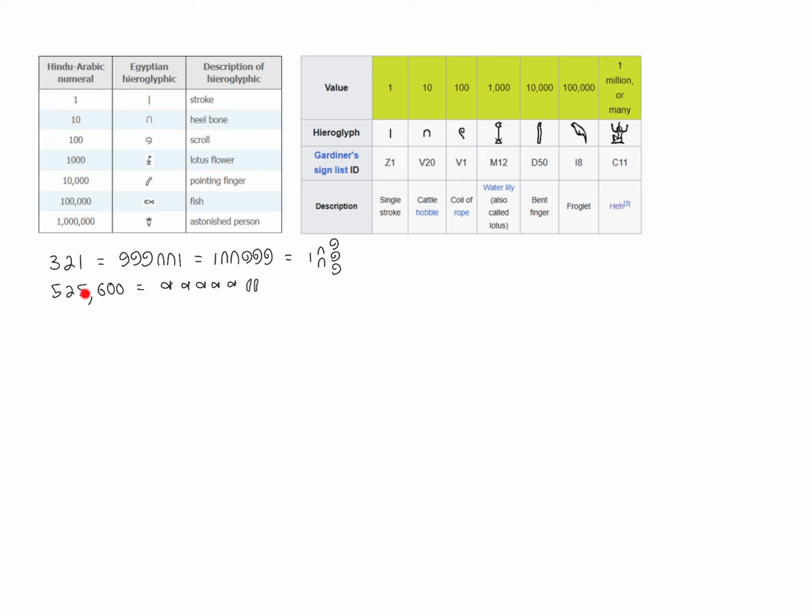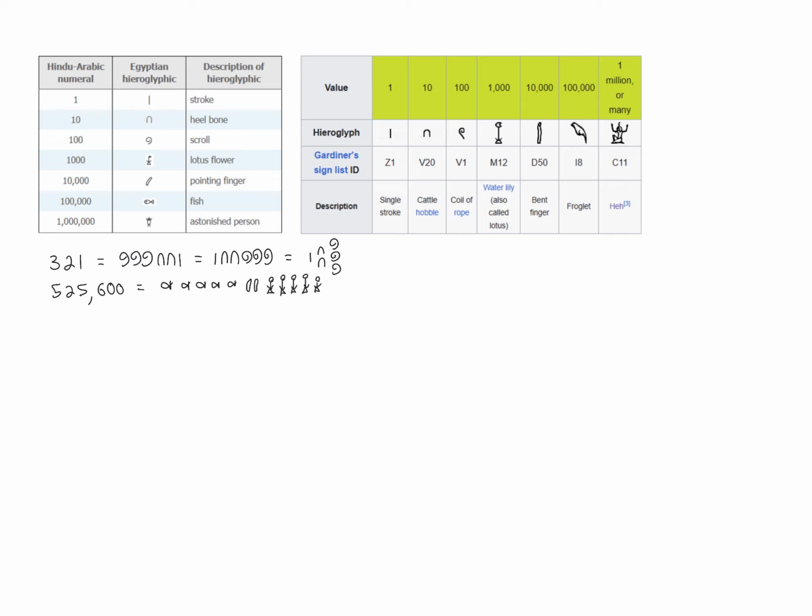And then 5,000s. So that's going to be 5 lotus flowers. So 1, 2, 3, 4, and 5. And then we also have 600 left.